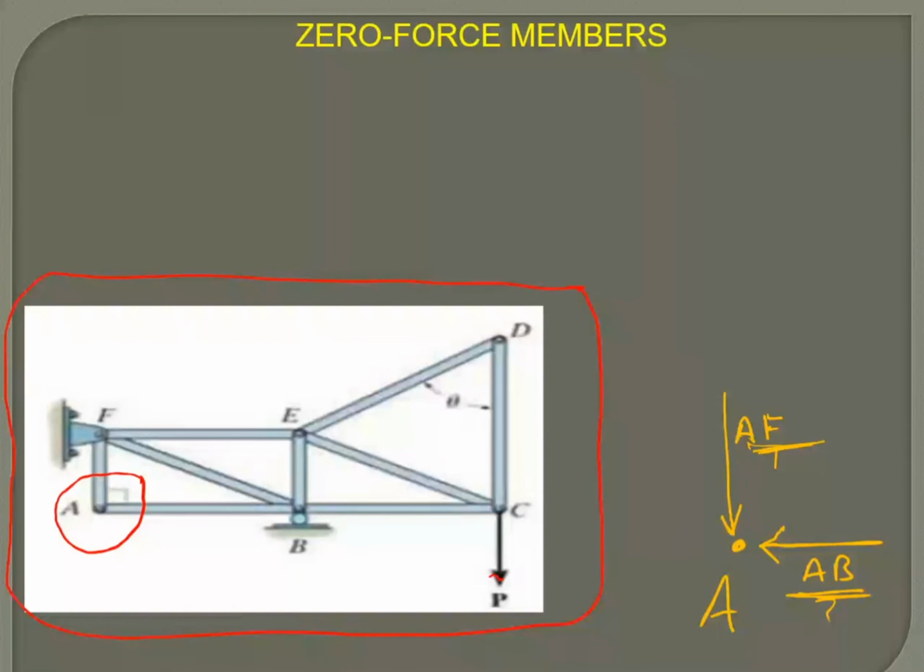Sum of all the forces along horizontal means AB is 0. Sum of all the forces along vertical means AF is 0. Am I right?